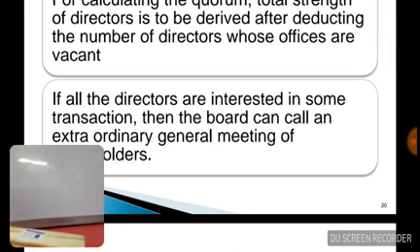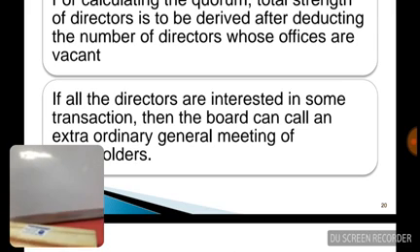We have already discussed how the board meetings can be conducted. The board meetings can be conducted either physically, by the directors attending at the place they have already fixed, or through video conference. Both are treated as board meetings, but a resolution passed by circulation is not counted as a board meeting.